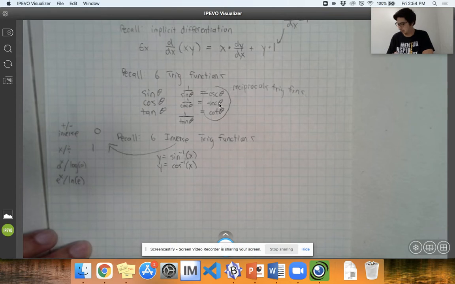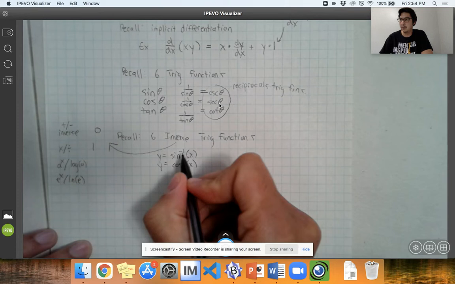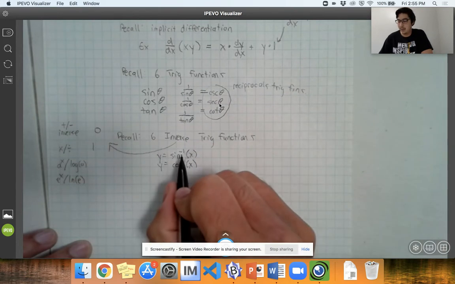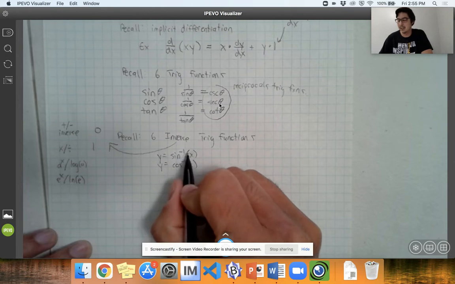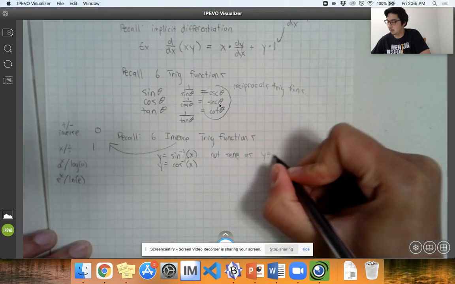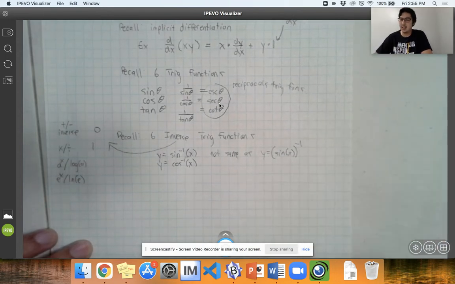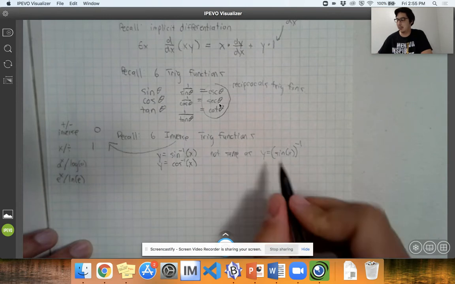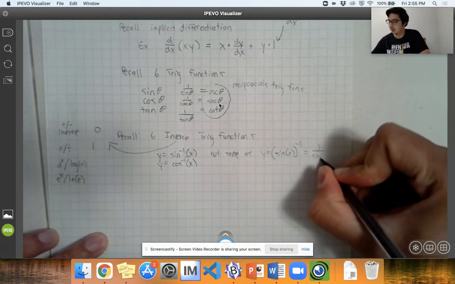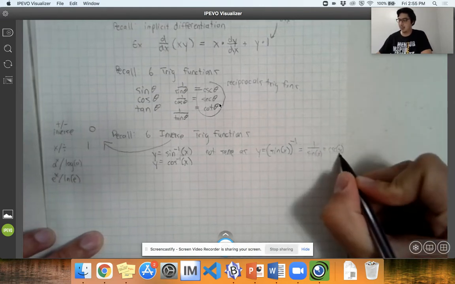In other words, if we want to call something an inverse, we typically denote it with the -1. Careful here, though, that that's not the same as the power rule. It's not the same as y equals sine of x to the -1. That's not the same thing, because then you might interpret this as 1 over sine of x, which is cosecant x, and that, again, is the reciprocal.